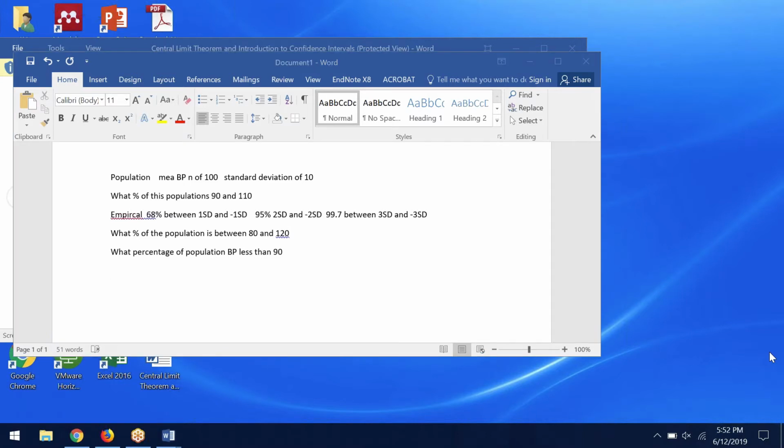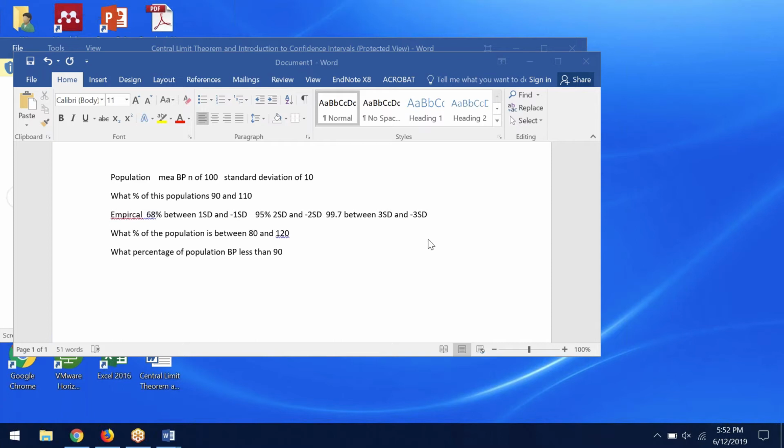And we have to do a little bit of deduction there. Oh, good. You guys are answering this stuff for me. Okay, right. 16%, right? Because if 68% is between 90 and 110, you're left with 32%. The normal distribution is symmetrical, so 16% is going to be below 90 and 16% is going to be above 110.